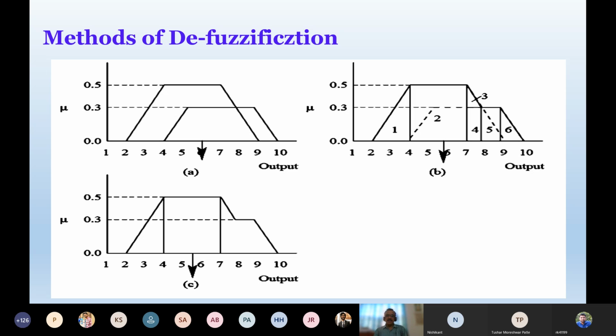Now, once you've done this, the drawback of the center of sums method, that a particular subregion is considered more than once, can be eliminated.